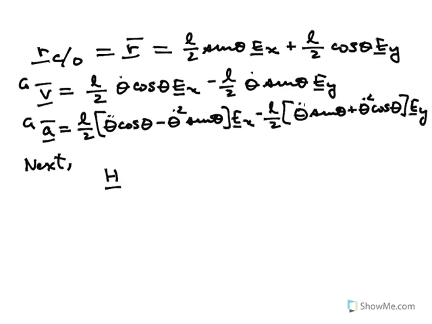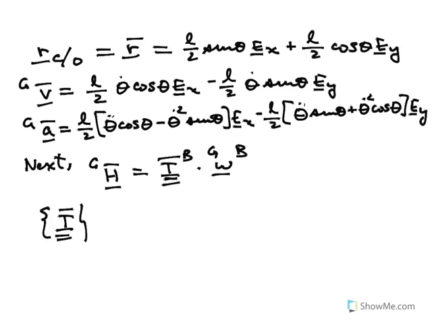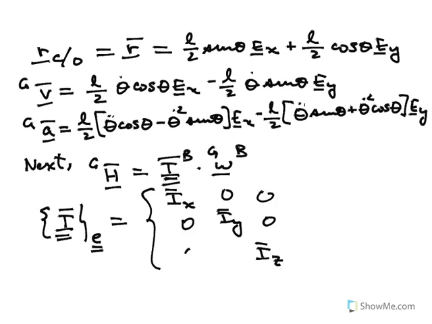Next, we need the angular momentum. The angular momentum relative to the center of mass is equal to the inertia tensor of the body multiplied by the angular velocity of the body in the ground. Because this basis E is a principal axis coordinate system, if we include C, we get Ix bar, Iy bar, Iz bar, and all zeros.